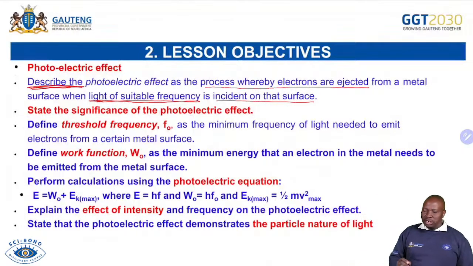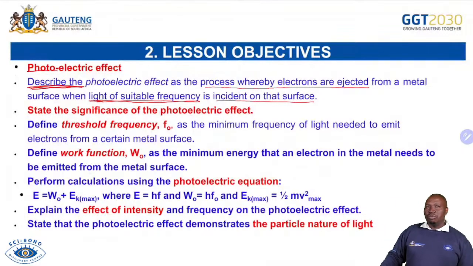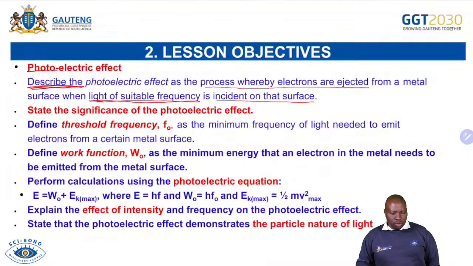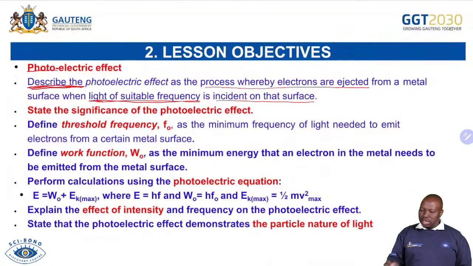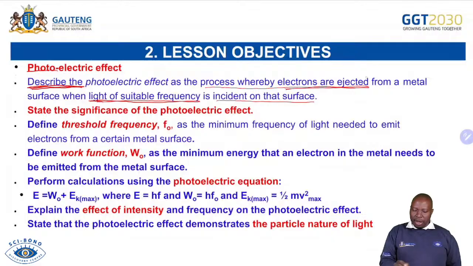It is very important that you know how to define or describe the photoelectric effect. Look at the word itself: photo refers to light, and electric refers to charges, the movement of charges. So photoelectric effect is the process whereby electrons are ejected from a metal surface.